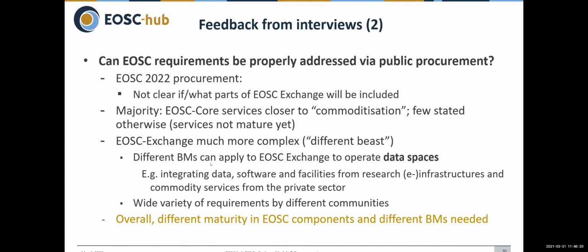With this, we may come up with new business models. We don't know, but this needs to be explored further. There is a wide variety of requirements by the different communities, so very diverse and different. So overall, different maturity in EOSC components and different business models are needed. This was confirmed.